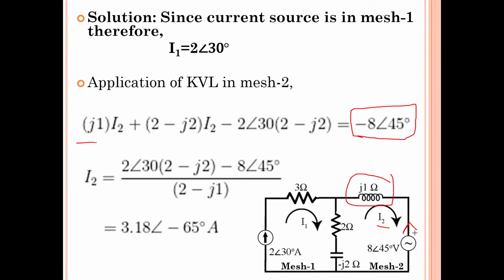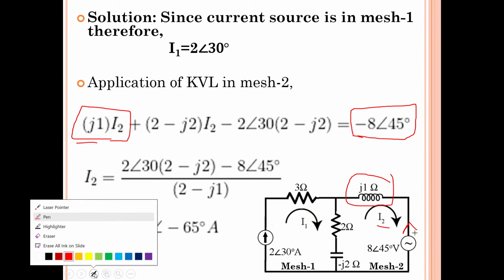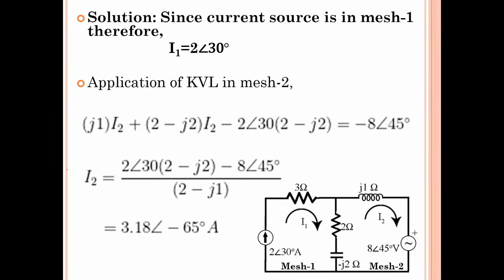So j1 into I2. Simply, resistance into current is nothing but voltage; similarly, reactance into current is also voltage. So multiply the reactance value with the I2 current. Now this is over, this is also over. What is left over? These two are left over.